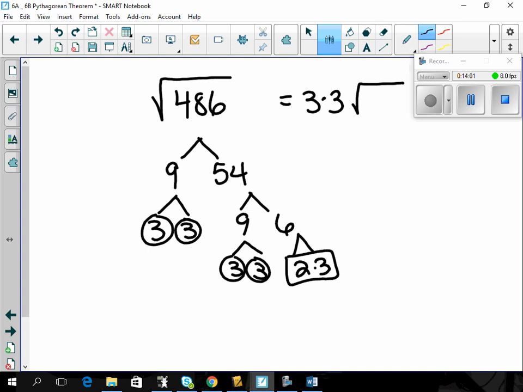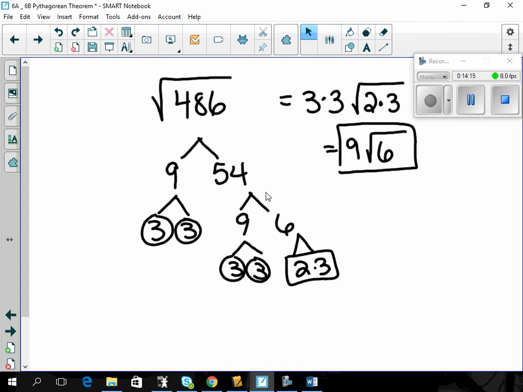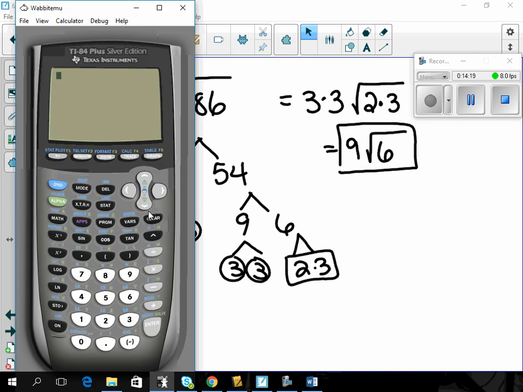These go on the inside of the radical. When I simplify it further, 3 times 3 is 9, and 2 times 3 is 6. So the reduced radical of 486 is 9 square roots of 6. Let's double check that. The square root of 486 is the same as 9 square roots of 6. They are, in fact, the same.